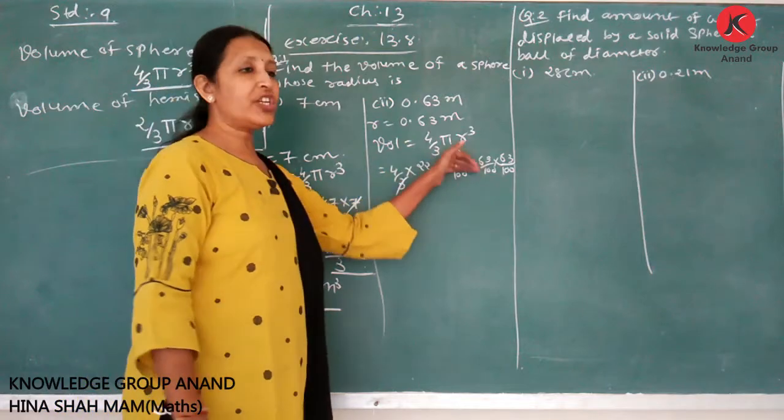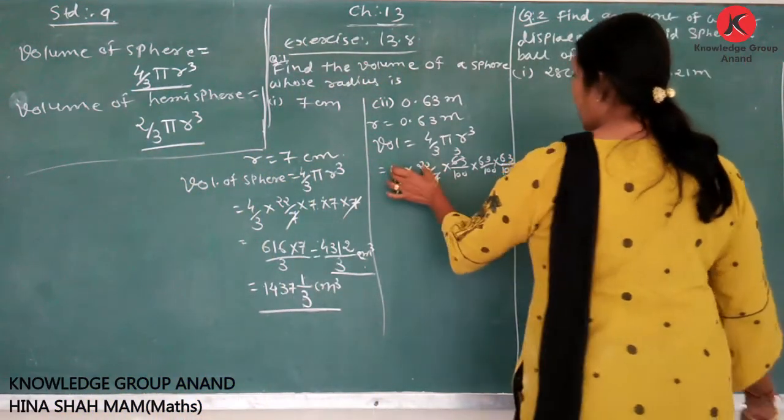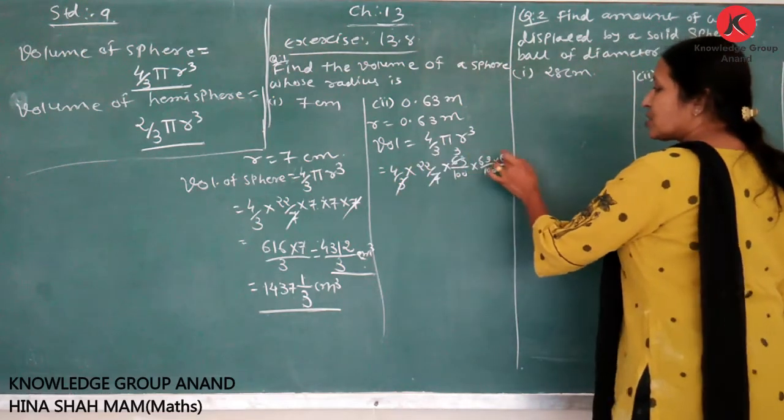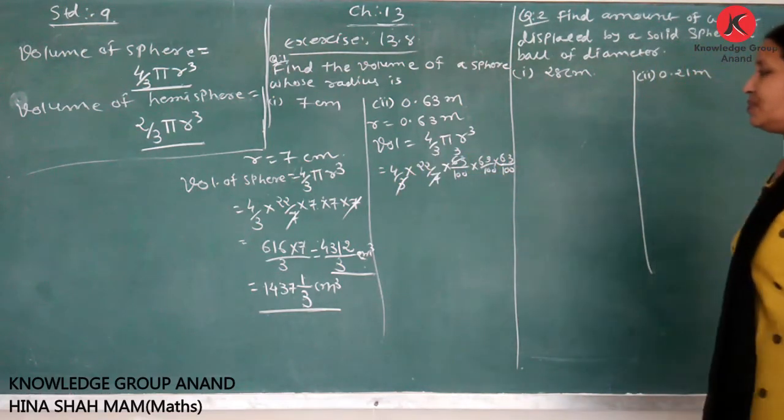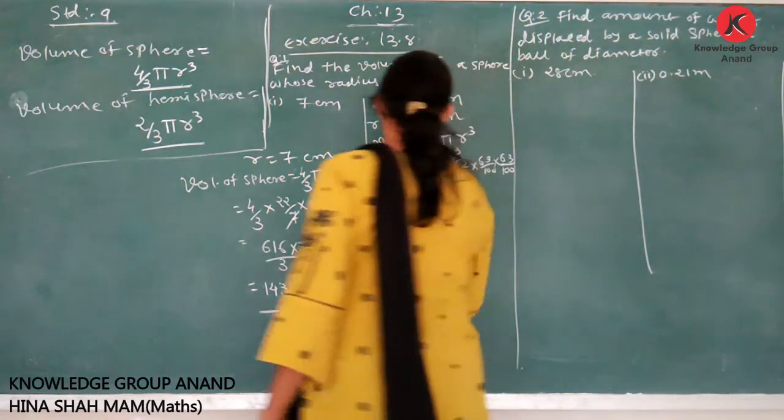Now do multiplication in your notebook and save it. What is its answer? 22 into 12 into 63 into 63. Calculate in your notebook.